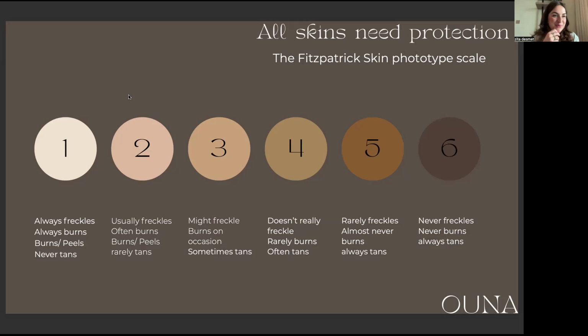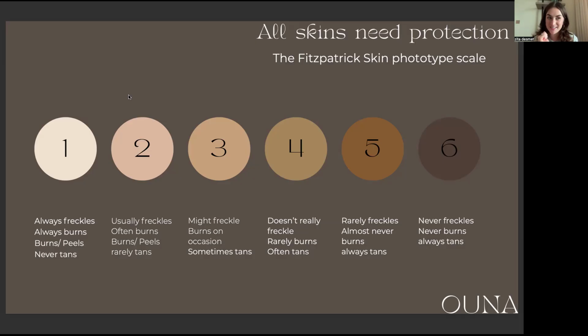Then we have phototypes 5 and 6, and these are darker and have way more protection against sunlight, as they used to be more prone to sun exposure. They rarely or never have freckles. They almost never burn.